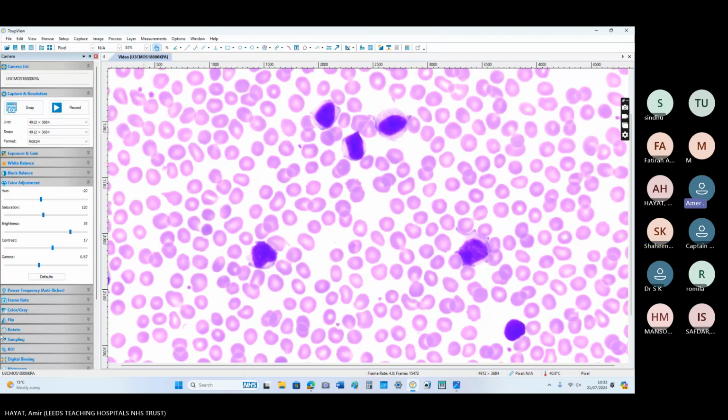Yes, if the patient develops splenomegaly or bone marrow failure, or if the lymphocyte count doubling time is less than 6 months, or persistent or progressive B symptoms, then we will decide to treat this patient.